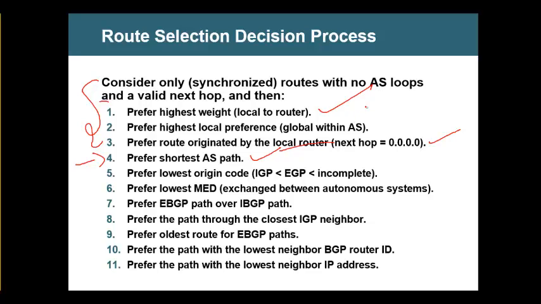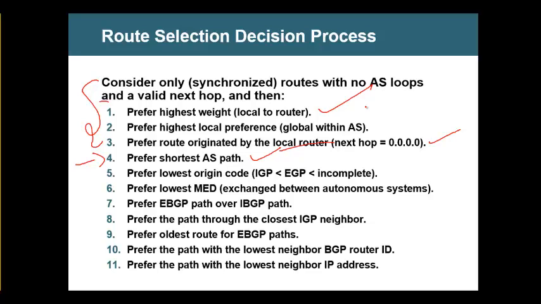You need to understand this very well. This attribute order is important. If attribute number 3 is a tie break, it won't go to 4. If attribute number 6 is a tie break, it won't go to 7. It won't worry about 7.